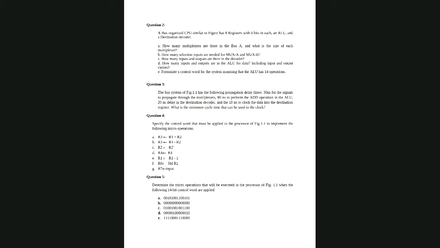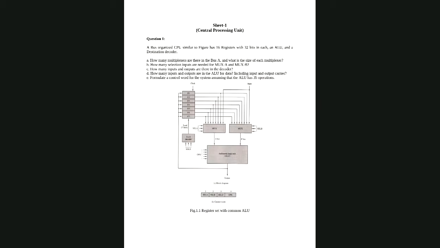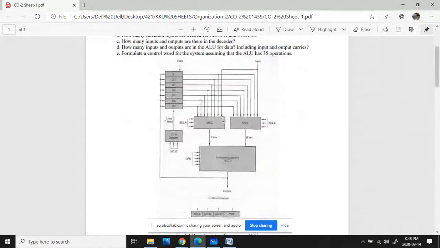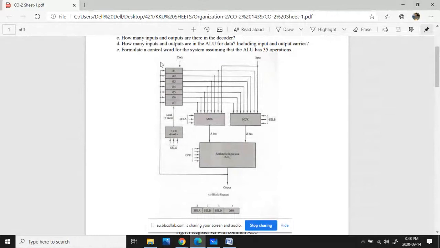Okay, so first of all, when you see this figure, let me share this. When you see this figure here, it is clearly telling you that there is some propagation delay time.